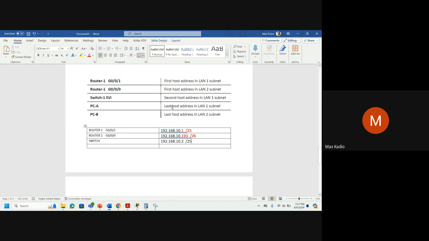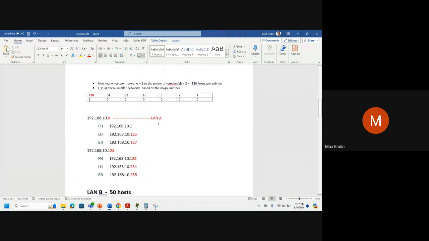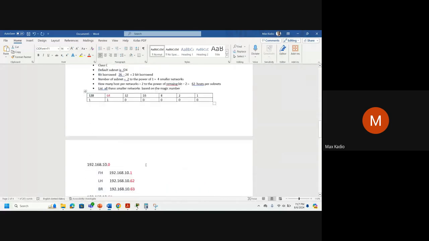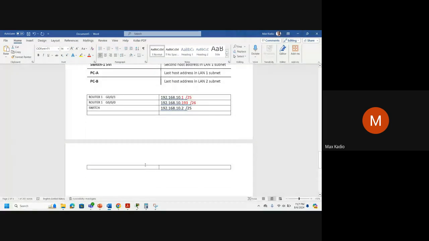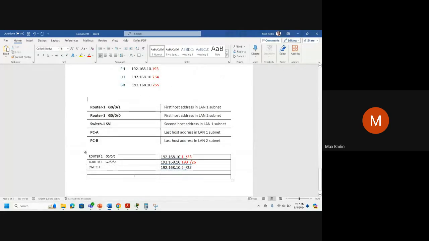PCA, last host. So if I take this one, the last valid host is this one, that then I can assign to someone. So I take it, and this one is PCA. You must be well organized when you do your stuff. And /25 is on the PCA.